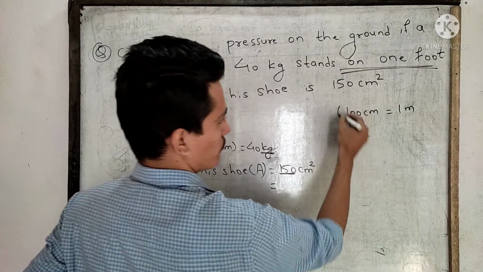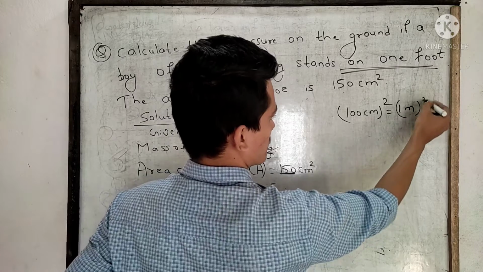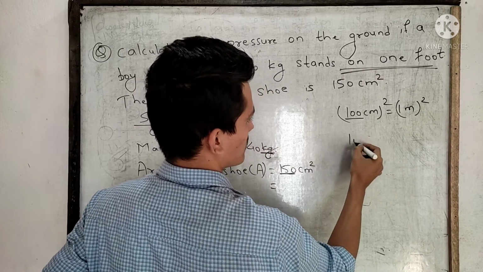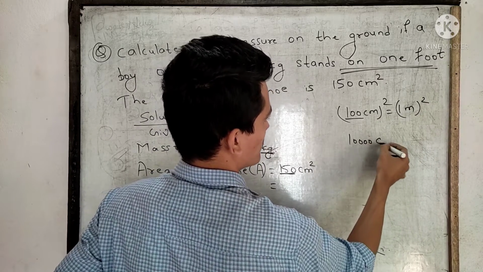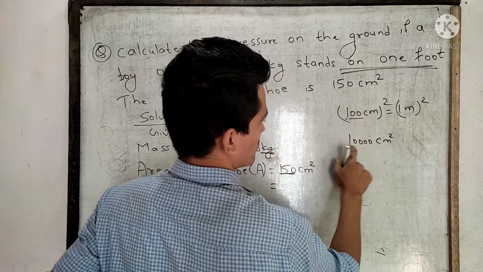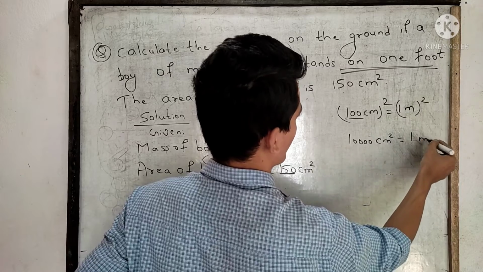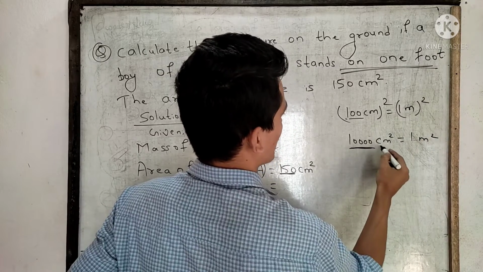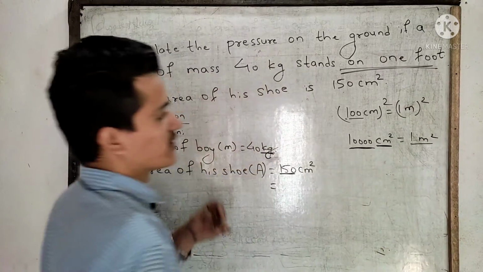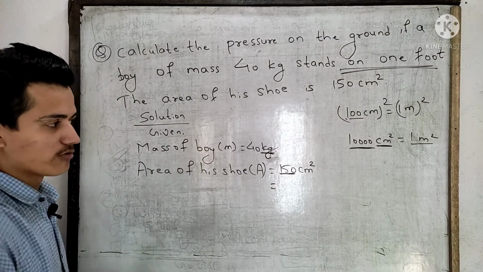You can square both sides. 100 square is 10,000. Centimeter square is centimeter square, 1 square is 1, meter square is meter square. So 10,000 centimeter square is 1 meter square.